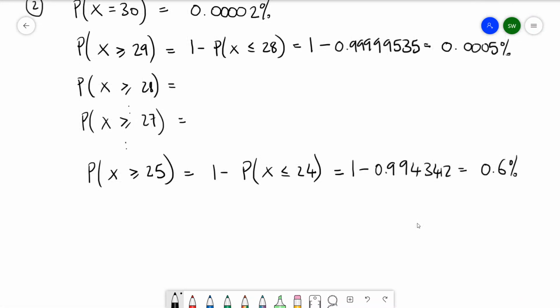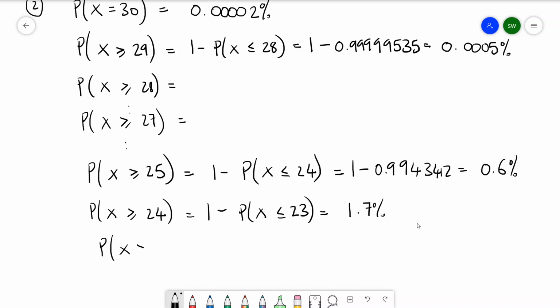So let's do probability of x being greater than or equal to 24. So that would be 1 minus the probability of x being less than or equal to 23. And if you work that out, you'd get 1.7%. And then next, let's do probability of x being greater than or equal to 23, which is 1 minus the probability of x being less than or equal to 22.